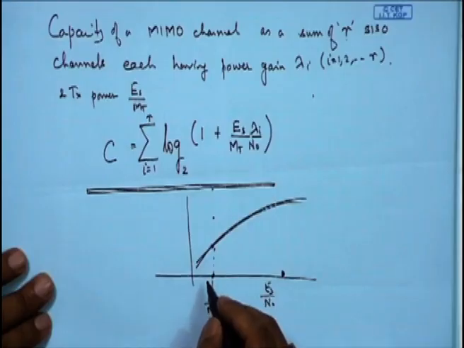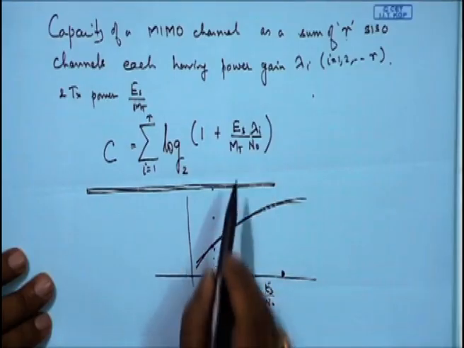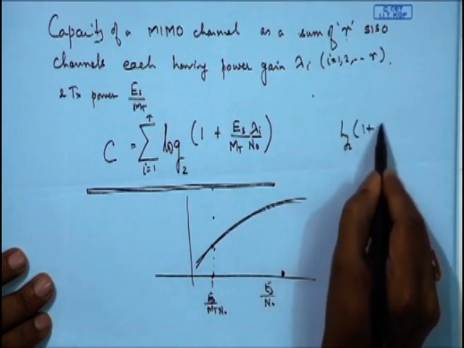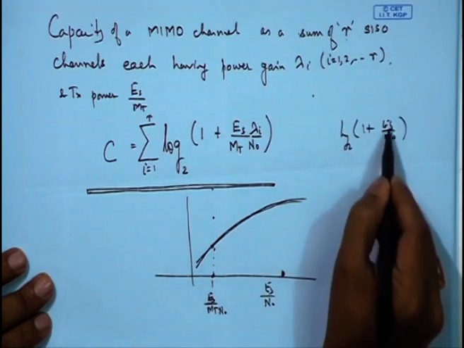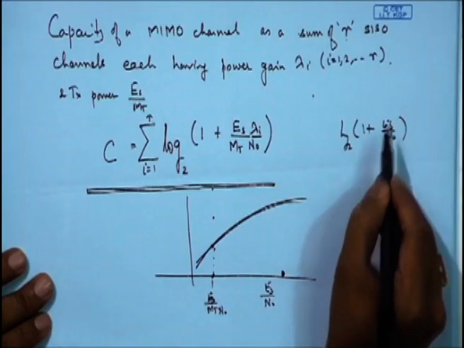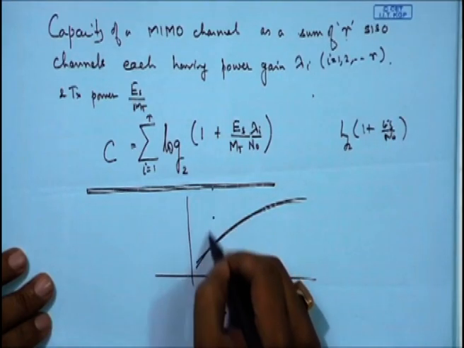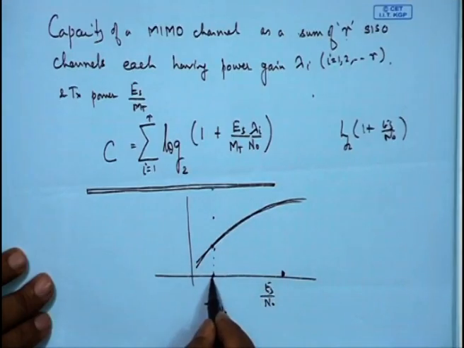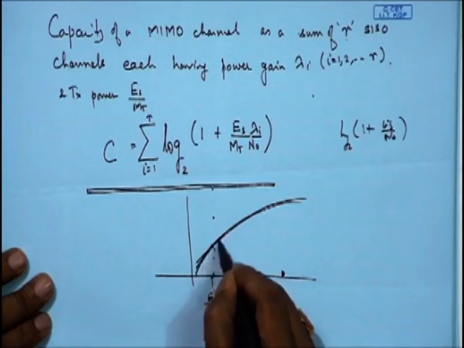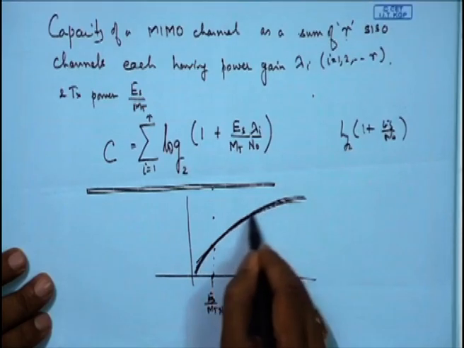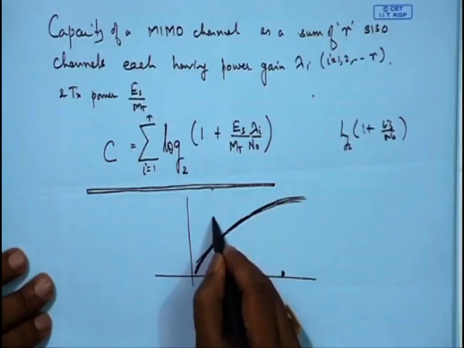So what we clearly see is that in a SISO link there was a logarithmic increase in capacity, log base 2 of 1 plus Es upon N naught. So as Es would increase, there would be logarithmic growth, whereas here the capacity has grown several folds because we are adding it up. Although we have reduced it over here, in this part of the log function a linear-like approximation can be made for the log, and we are adding them up.